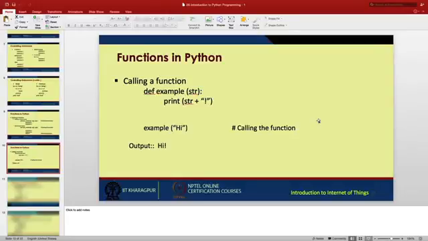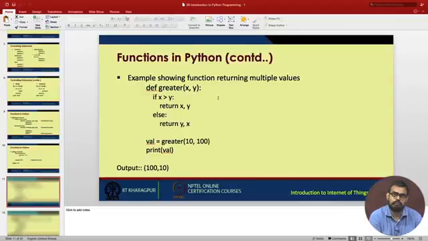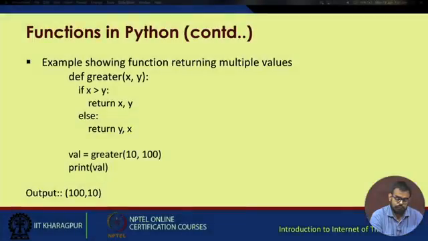Now, since defining a function has been covered, similarly you can define various other functions. Suppose you take in 2 arguments and define which one is greater or which one is lesser. You check whether x is greater than y, it will return x and y, else it will return y and x.